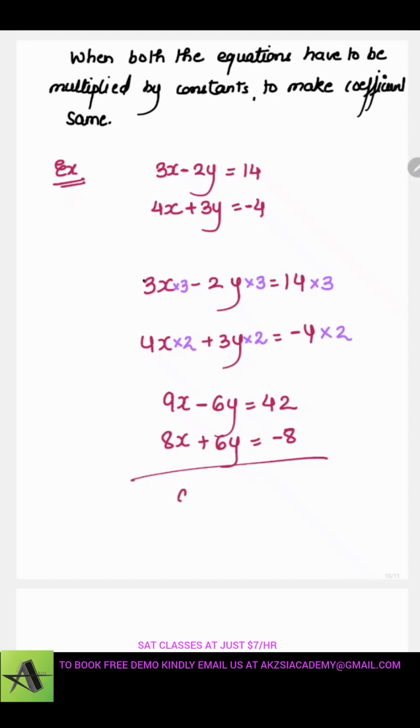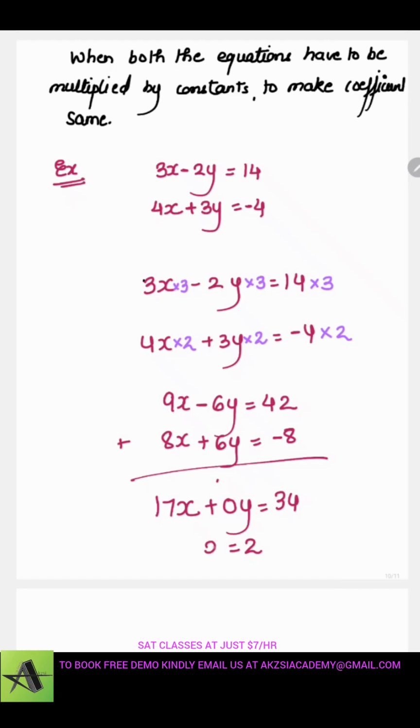So adding both equations, on adding, I'll get 9 plus 8, 17x. This is 0y. And 42 minus 8 is 34, so x is ultimately 2. Now the same process: substitute this value of x in either of the equations to get the value of y.